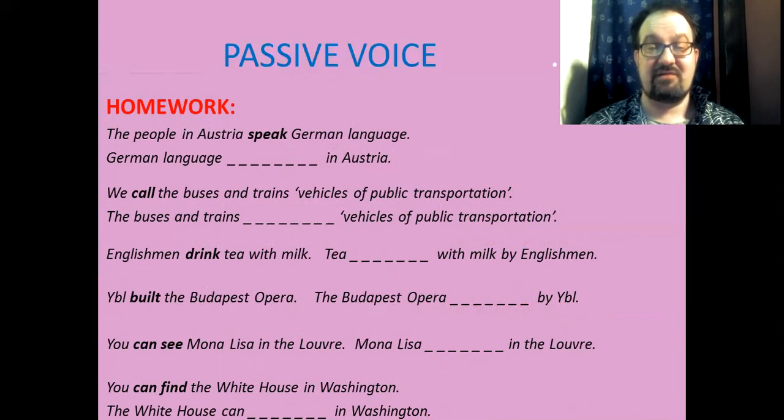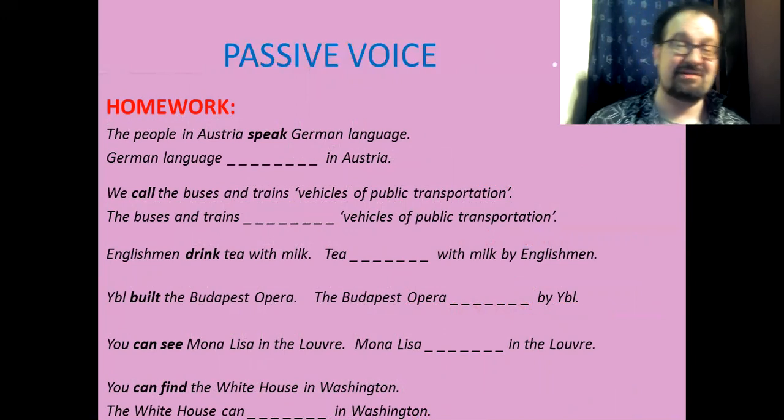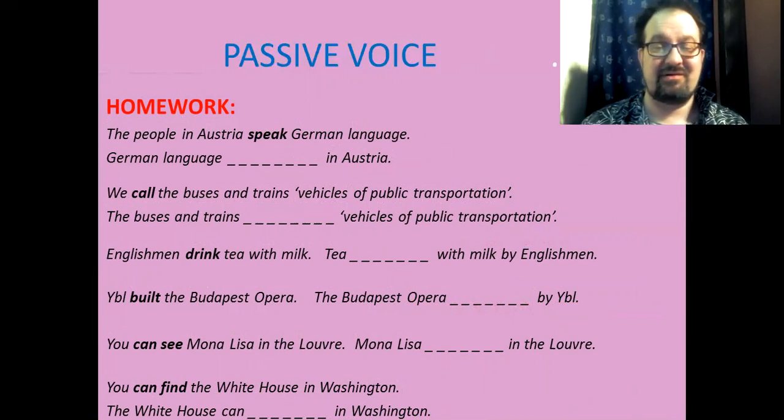Okay, so finally, just as usual, your homework assignment. Okay, we have some sentences here in active voice, right? Where you can see who does it. People in Austria speak German language.